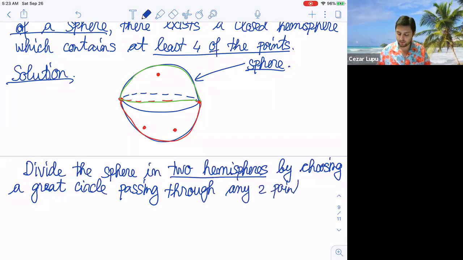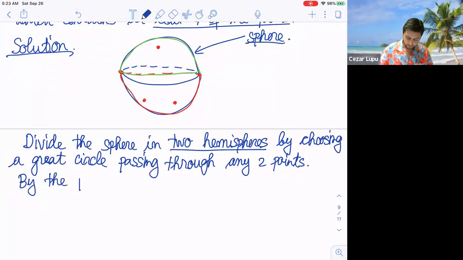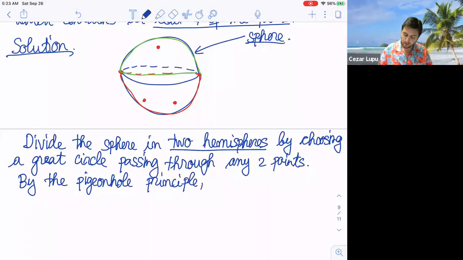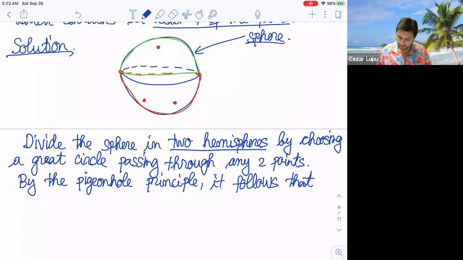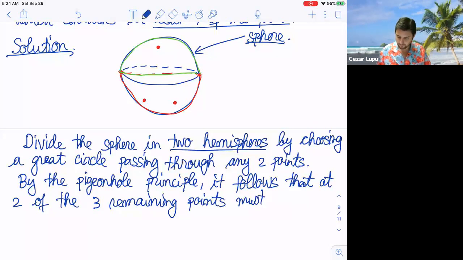By the pigeonhole principle, it follows that at least 2 of the remaining 3 points must lie in one of the hemispheres.